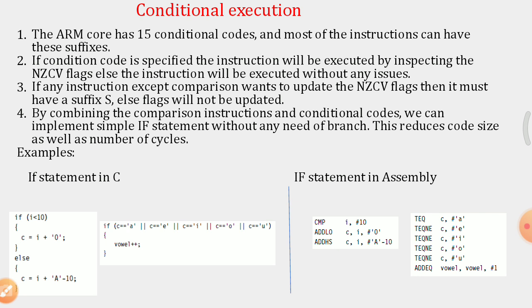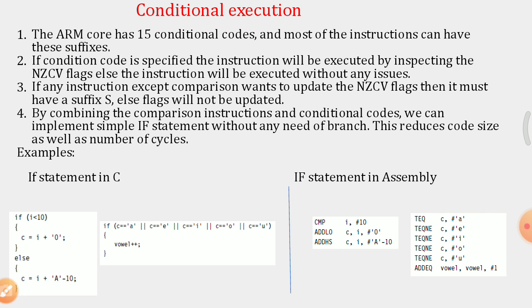Depending upon that, ADDLO c, i, #'0'. LO is lower: if i is lower than 10, then only the add instruction is going to be executed, that is c is equal to i plus character 0.